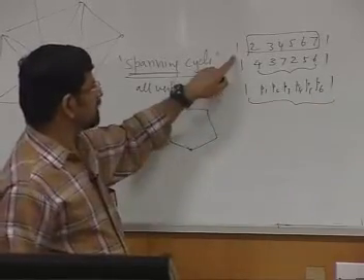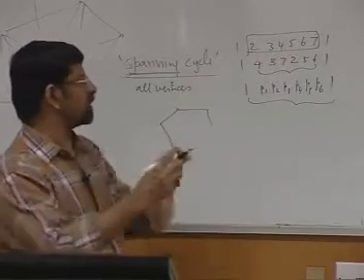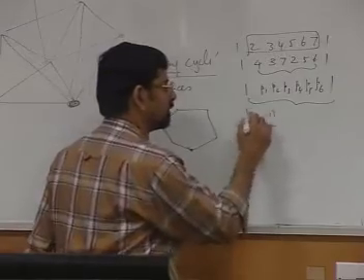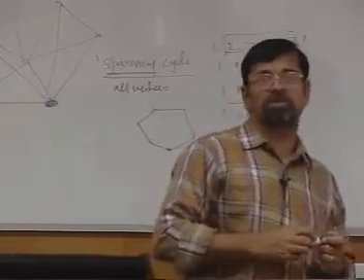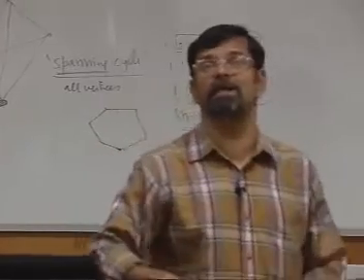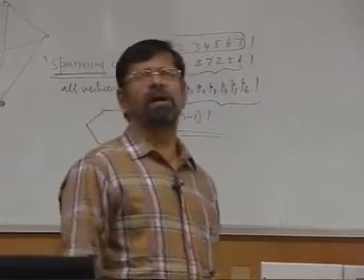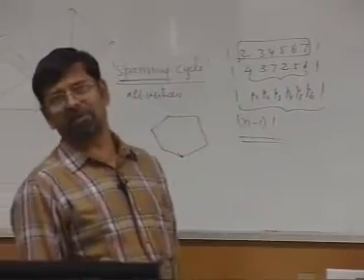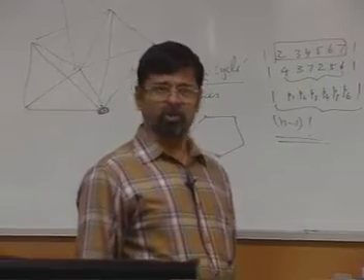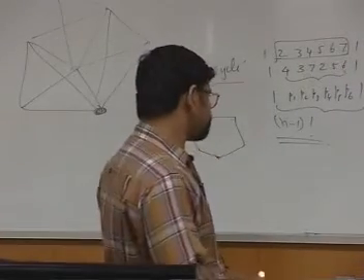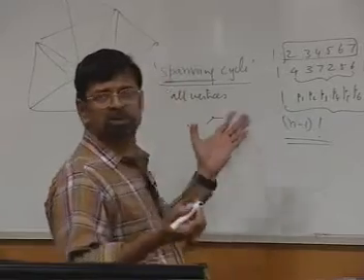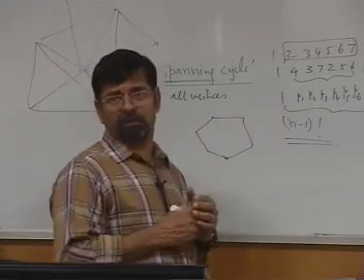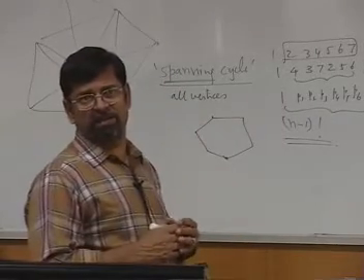Therefore, except 1, everything can be permuted arbitrarily, meaning n minus 1 factorial. Therefore, the number of tours available is n minus 1 factorial. A phenomenal number of tours are available. When so many are available, how are you going to organize this solution space? And pruning is very essential in this context.